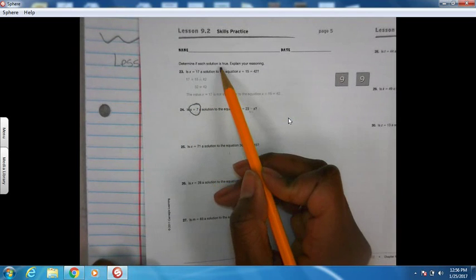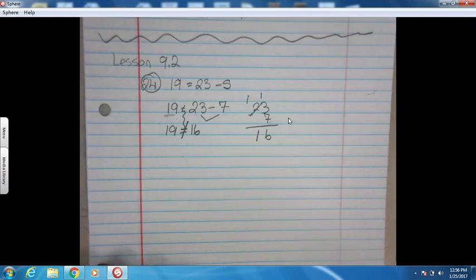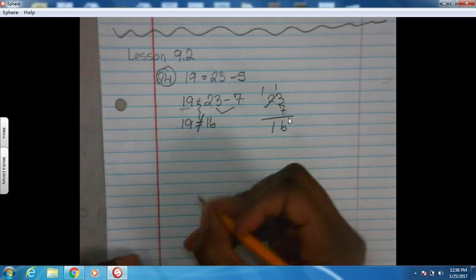So it says in the directions, determine if each solution is true and explain your reasoning. So in words, I'm going to write a sentence.